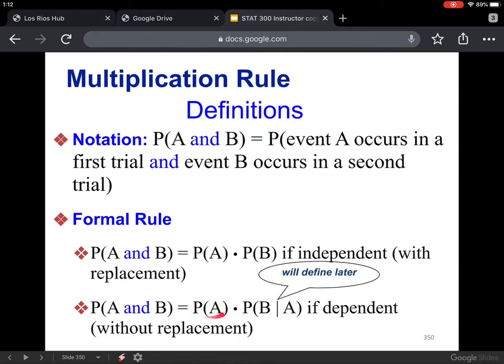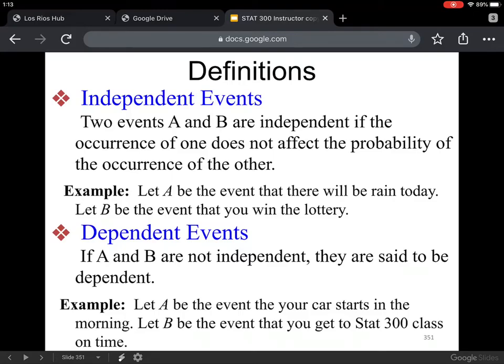Probability of A and B is equal to the probability of A times the probability of B given A has occurred. That vertical bar means given that A has occurred. This is an example of dependent probability. We'll talk about this a little bit more in detail.